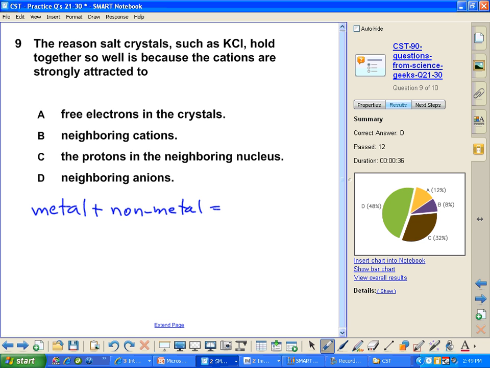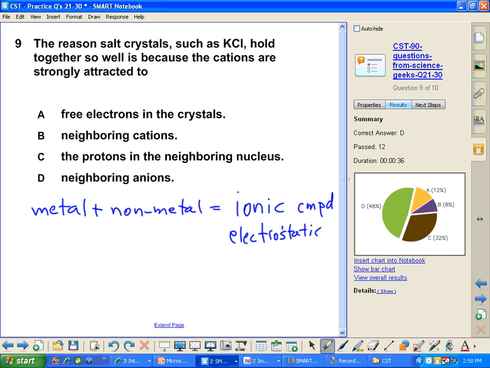Starts with an I? Ionic. Good. And ionic compounds are held together by electrostatic. Okay, electrostatic is what is going to happen with these guys.